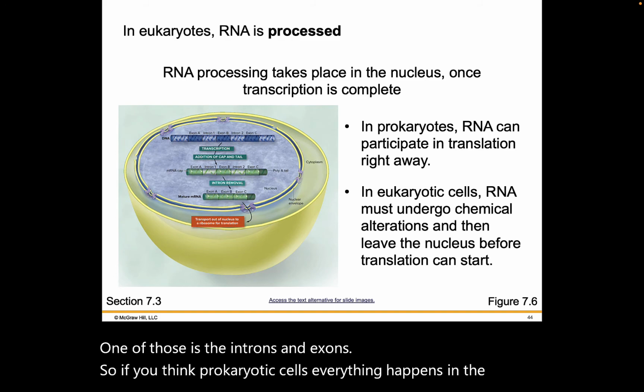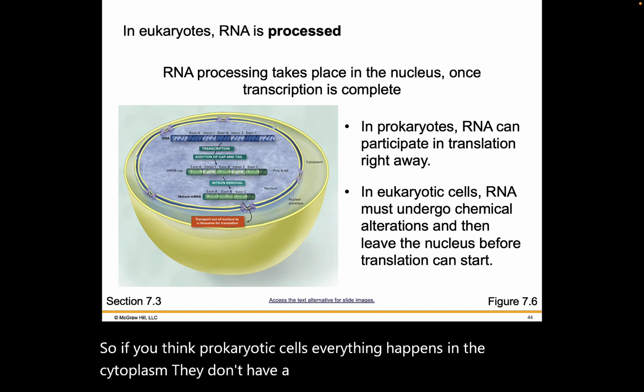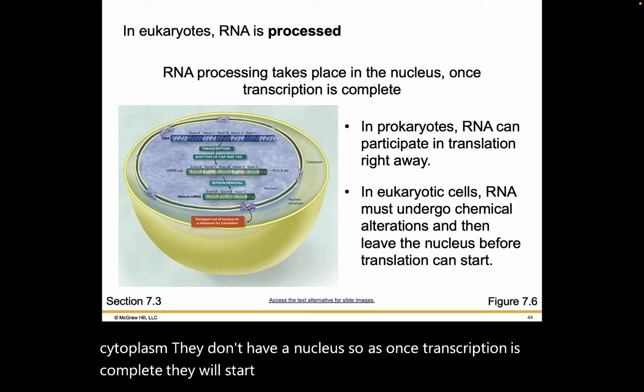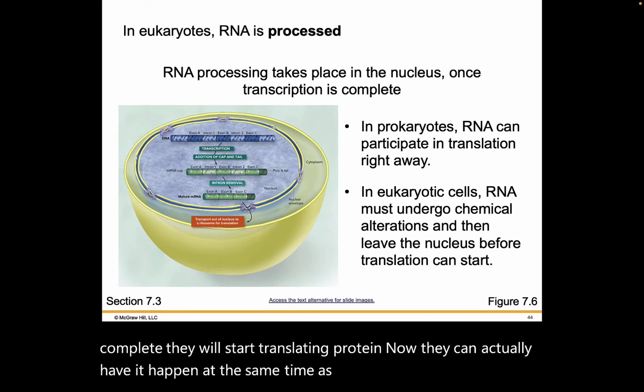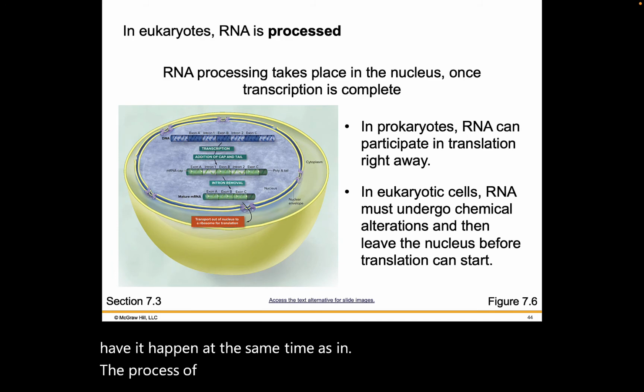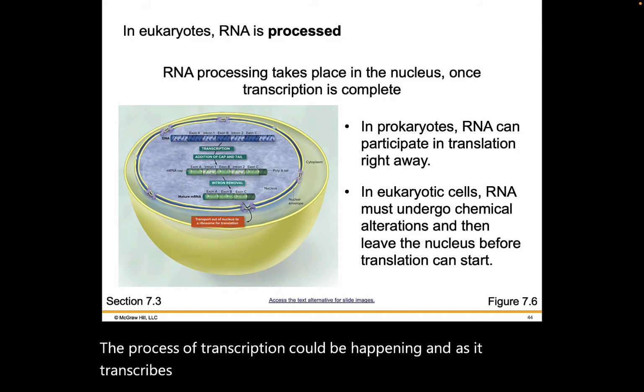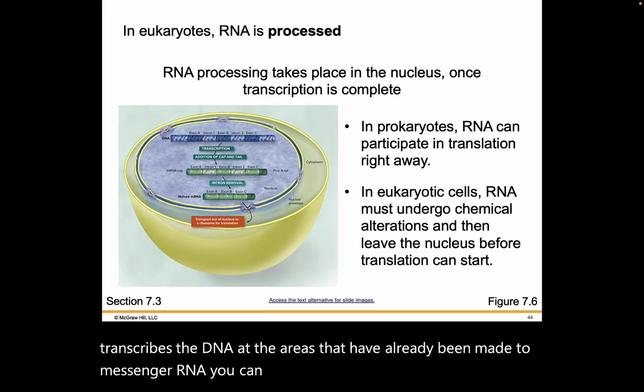They don't have a nucleus. So once transcription is complete, they will start translating protein. Now, they can actually have it happen at the same time, as in the process of transcription could be happening, and as it transcribes the DNA at the areas that have already been made to messenger RNA, you can start translation on. It's pretty cool.